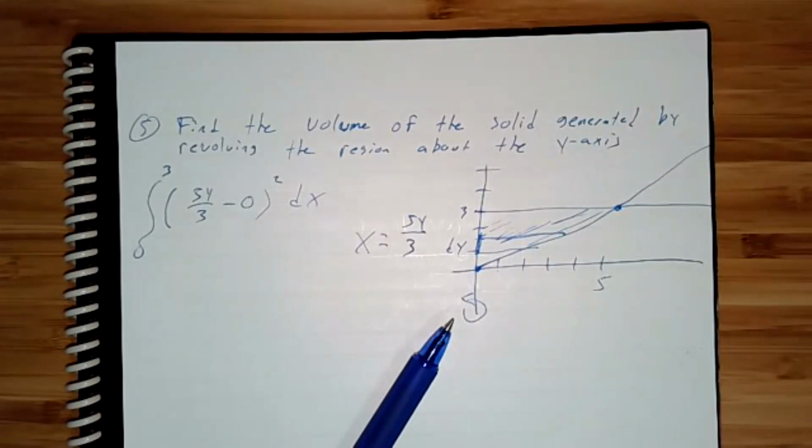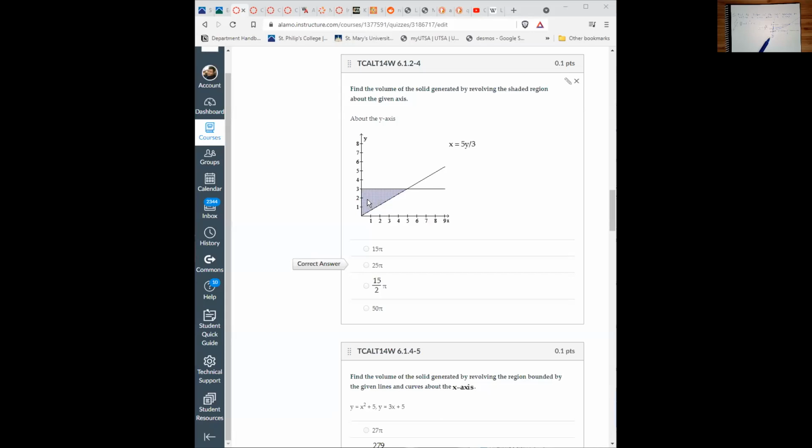So real quick, this is a triangle, right? What's the area of this triangle? Base times the height, divided by 2.